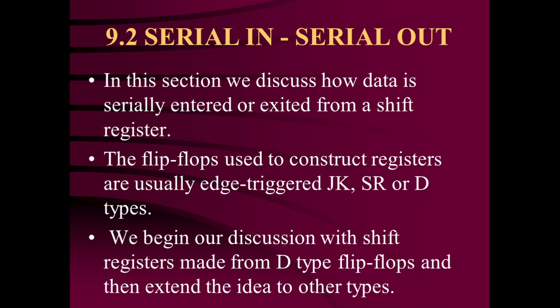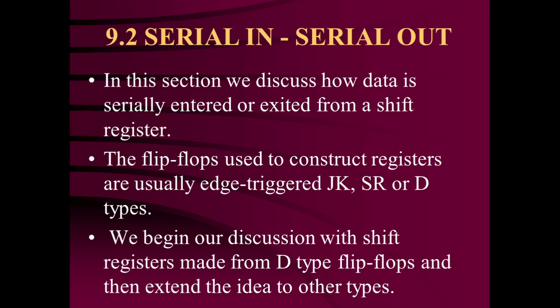The data will be loaded into the shift register, and there is only one output, the output of the last flip-flop, where the LSB may appear at this point. On every clock pulse this LSB will come out of the shift register and will be lost, and the next LSB will appear over here. So the data appearing at the output also comes out of the shift register in a serial fashion. That's why it is called a serial in serial out shift register.